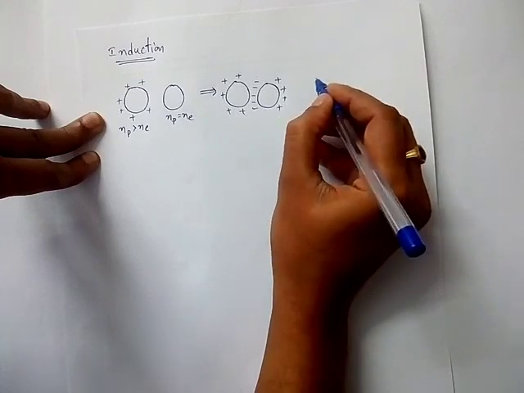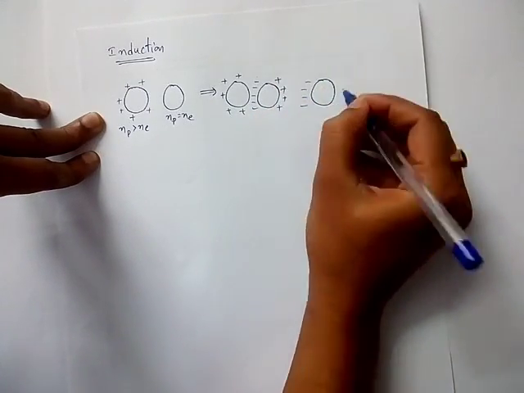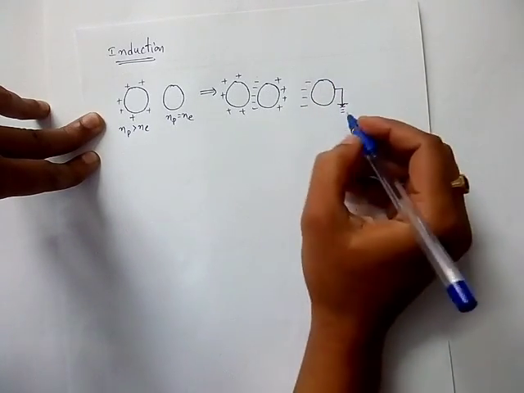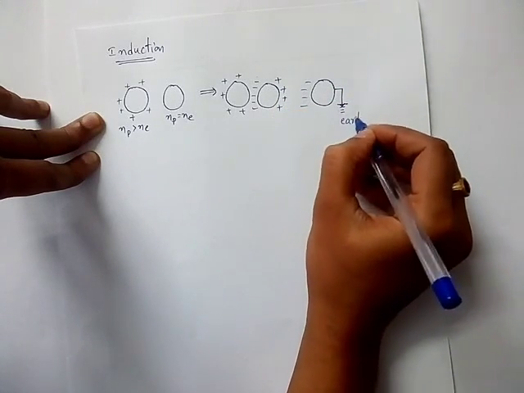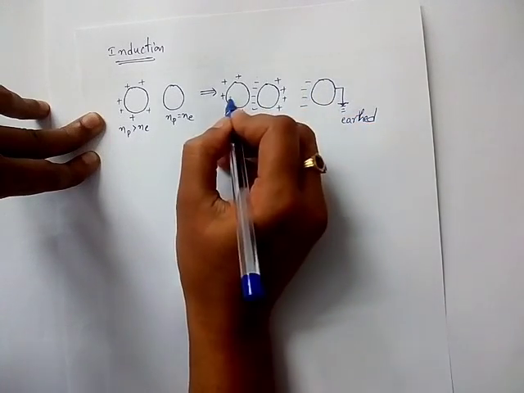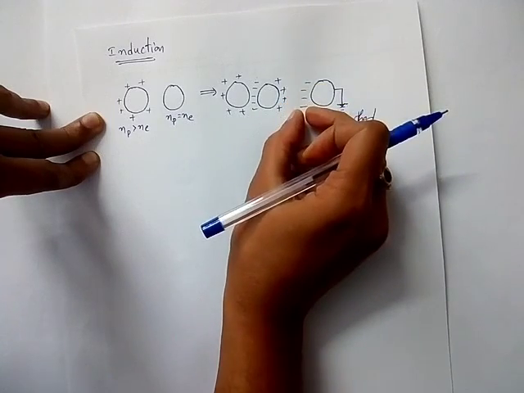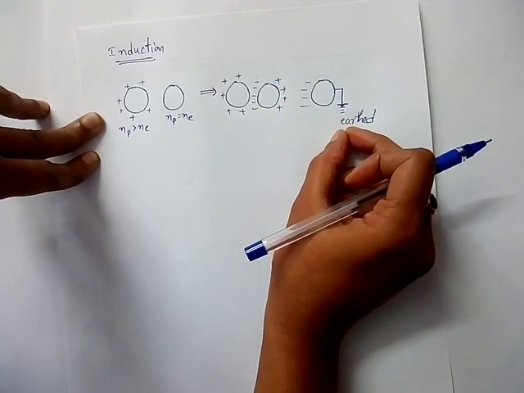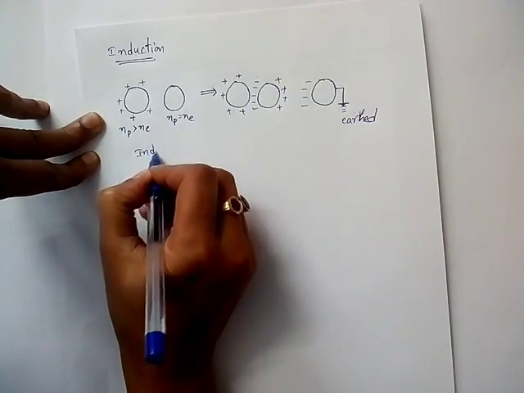Now if you earth this charged body, whatever excess positive charge is there, that will be earthed. This negative charge will stay like this, because it is held by the attraction of the positive charge. That's why there is no change in this negative charge, only this positive charge will be earthed. So here in induction, what has happened?